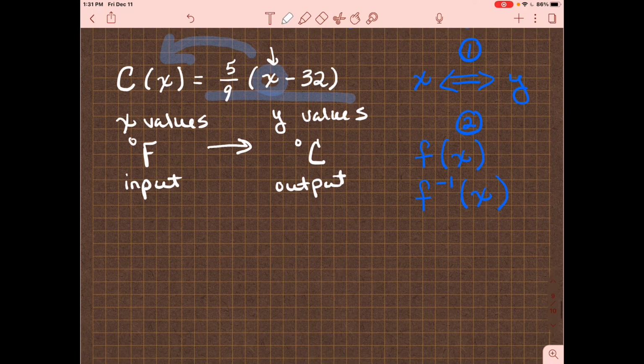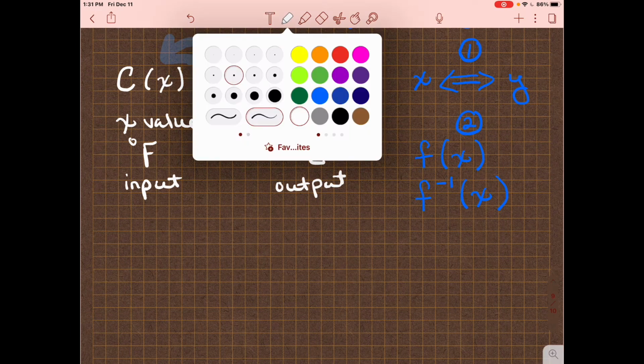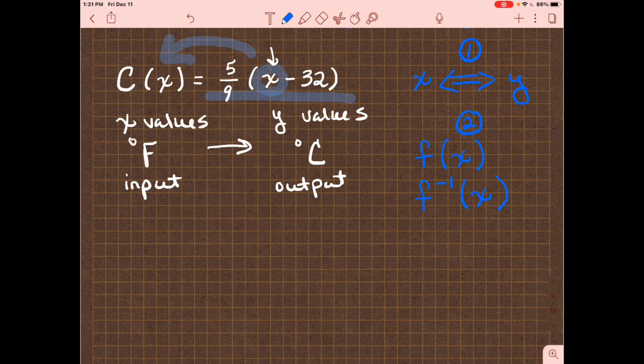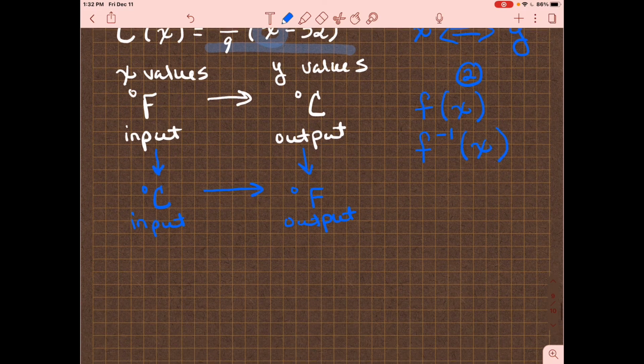So we're going to create an inverse function, and in our inverse function, our new x values are going to be degrees Celsius, and that's going to be the new input. And then we're going to have a new output that's going to be degrees Fahrenheit.